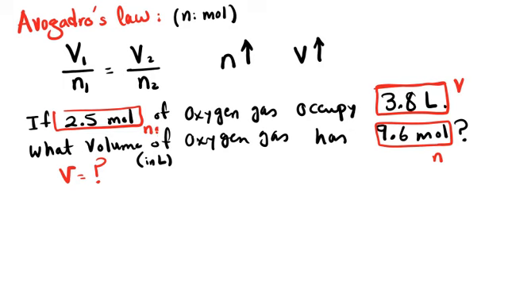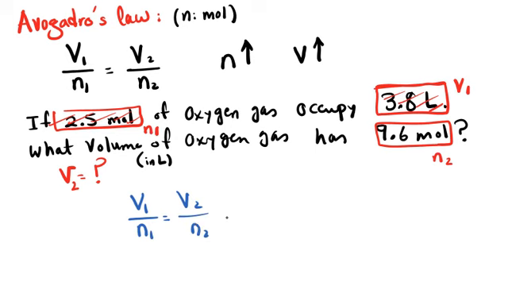You can consider this one N1, V1, and this one V2, N2, or you can say the second one or the first one. It doesn't matter at all, because these two are related to each other. We consider one set of conditions for these two and the second set of conditions for the other two. Let me plug in the equation: V1 over N1 equals V2 over N2.